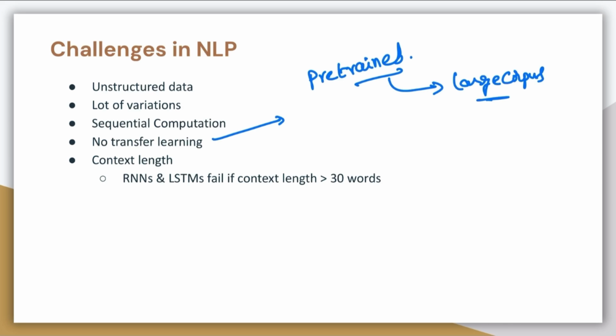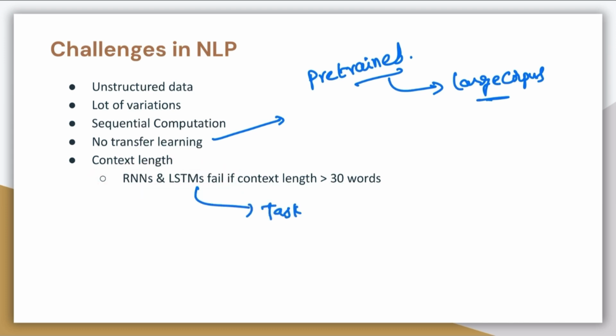By empirical analysis, they identified that RNNs and LSTMs fail if the context length is greater than 30 words. So 30 words is very little, right? A paragraph can have more than 100, 200 words. So training a model with a large corpus is impossible or difficult with these models. There is no point, actually. Before transformers, RNNs and LSTMs were used for task specific training.